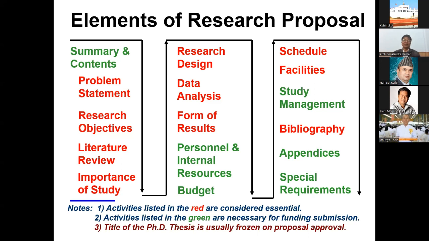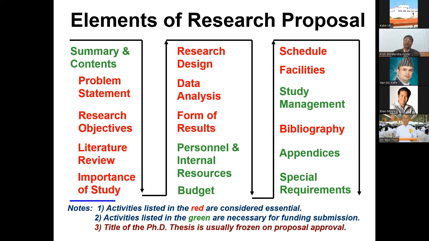Then what are the facilities available in the university, institution or department for writing this research topic for the Ph.D.? Then what is the management, like supervisor and the supporting staff of the department? What type of management you are having? Then bibliography.